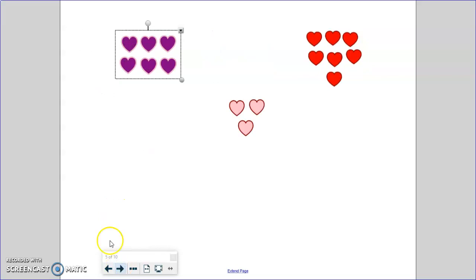Let's try a game. Okay, now I have different kinds of hearts here. We're going to order them from the smallest number of hearts to the largest number of hearts. Let's count them. For purple, we have 1, 2, 3, 4, 5, 6 hearts.